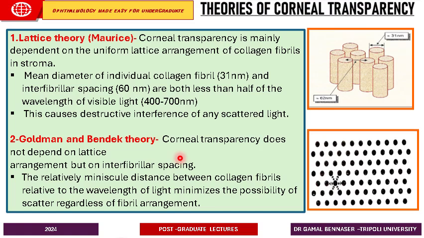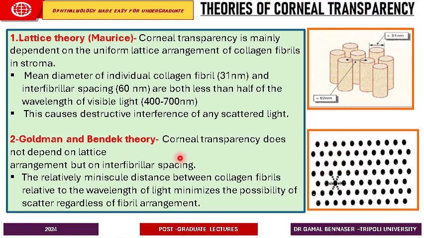So these are the two main theories that explain corneal transparency. Of course, there are other causes of corneal transparency apart from this that we will explain later, like corneal dehydration and also the arrangement of the corneal epithelium. The avascularity of the cornea is another reason for corneal transparency.